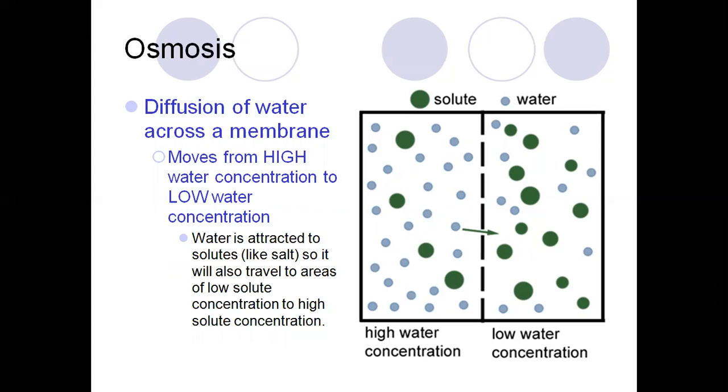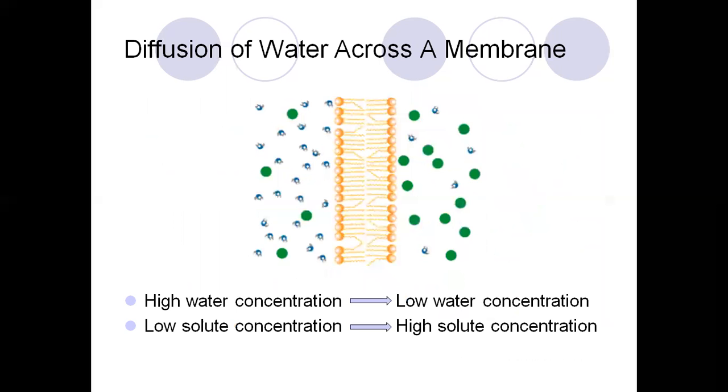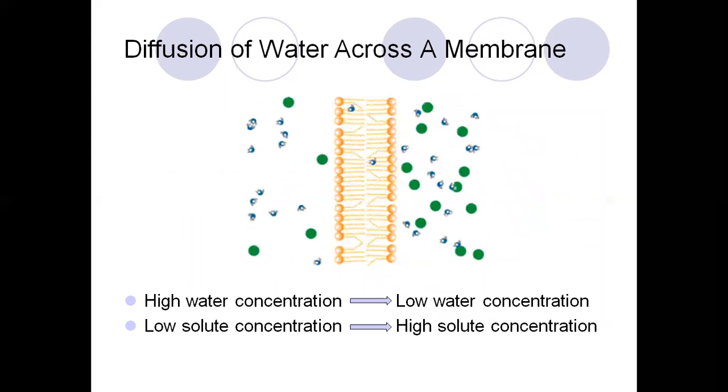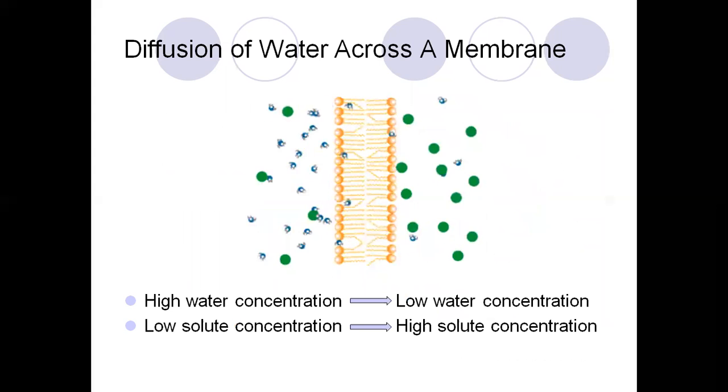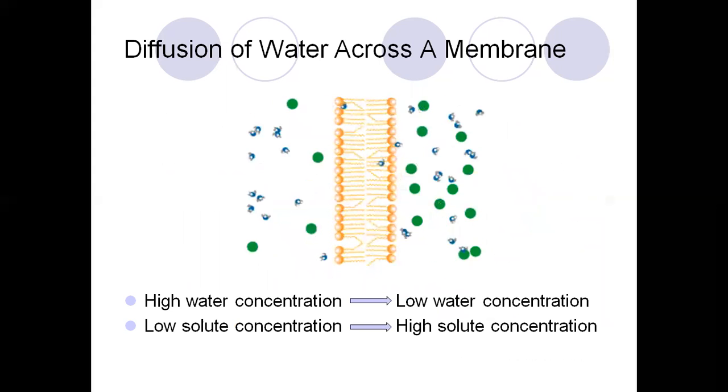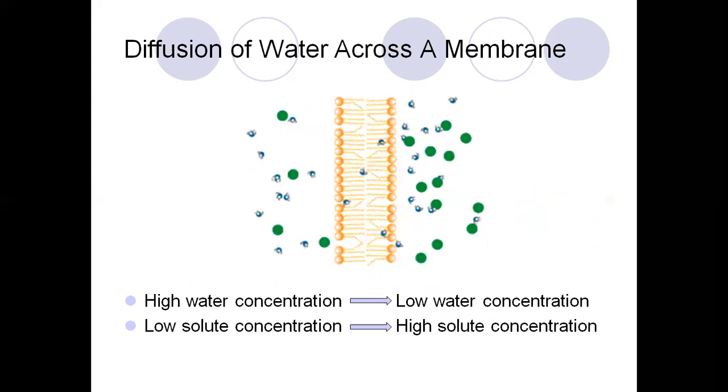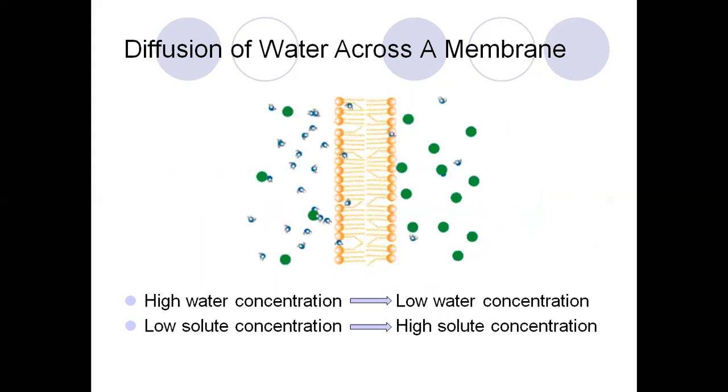In this figure there is a high water concentration on the left side and a low water concentration on the right side. These water molecules move towards the higher solute concentration, or equilibrium.